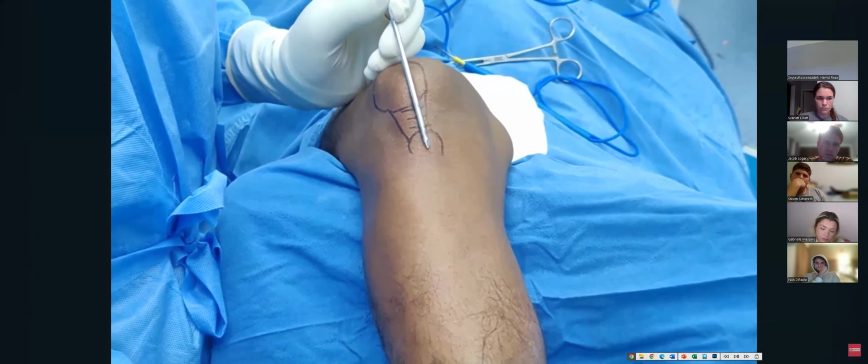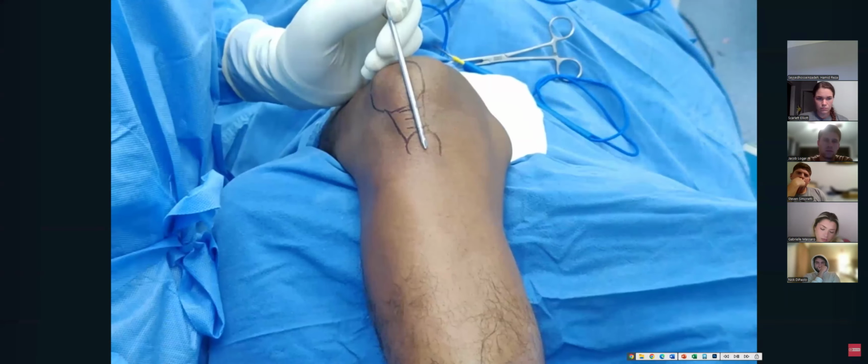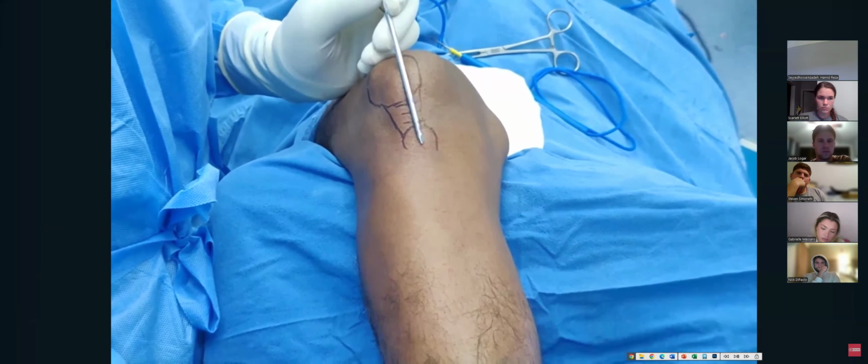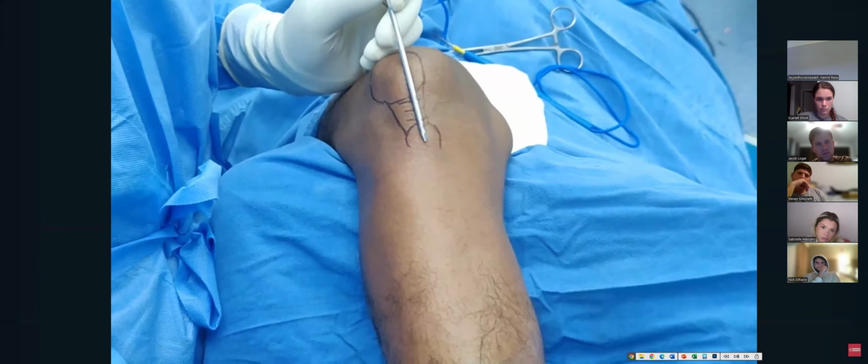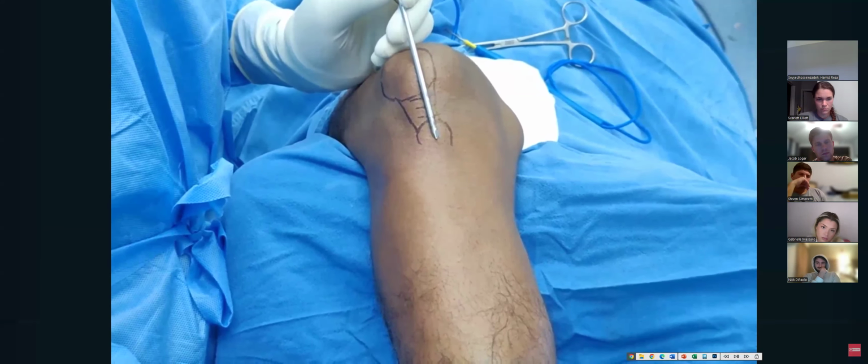Our starting entry point is just medial to the lateral tibial spine. I'll show you how this guide wire looked under C-arm. If you look at the C-arm pictures, our Steinmann pin is just medial to the lateral tibial spine, and this is pretty perfect on an AP view.